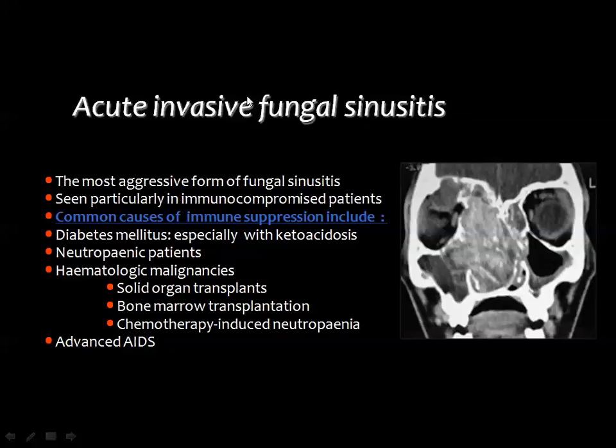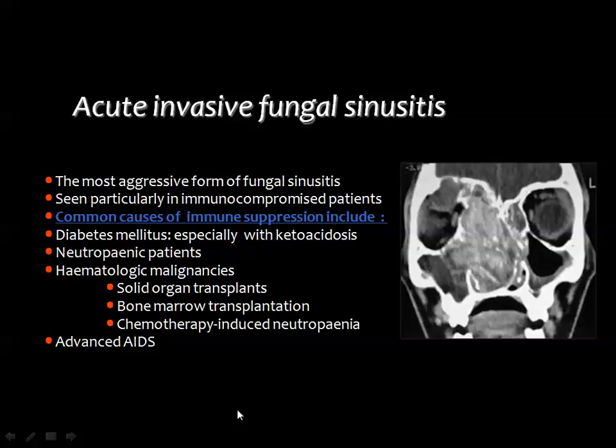And this invasive fungal sinusitis is commonly seen in immune compromised patients, like those who are diabetics, especially with ketoacidosis, patients with neutropenia, very low white blood count, or patients with organ transplant receiving immunosuppressive drugs, bone marrow transplantation the same, other patients who are receiving chemotherapy, and of course, patients with AIDS.